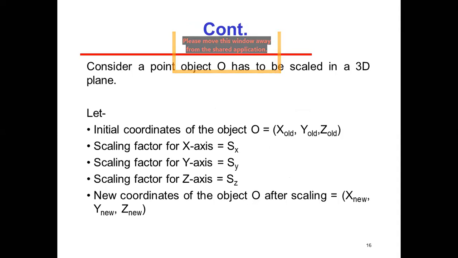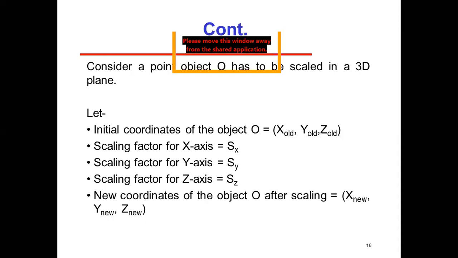The scaling factor for the x-axis we represent as s x, where x is the suffix indicating the scaling factor for the x-axis. The scaling factor for the y-axis we indicate as s y, and for the z-axis, s z.